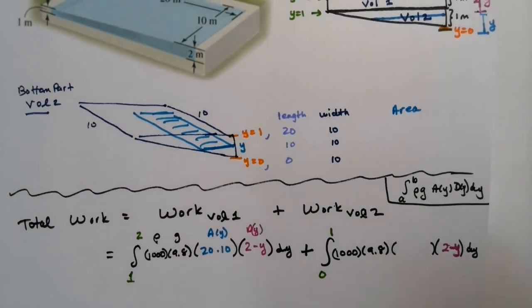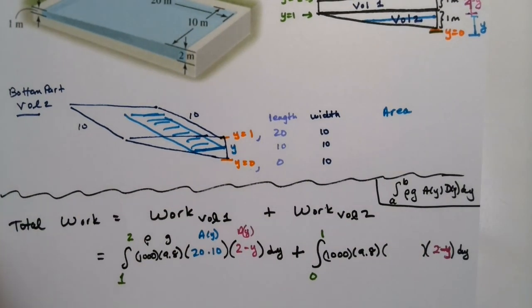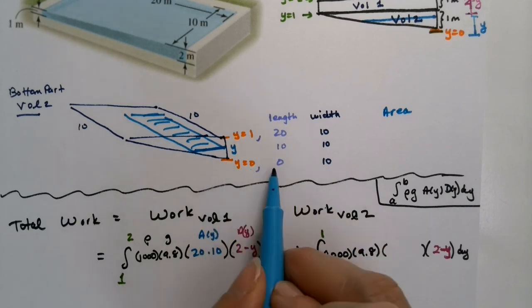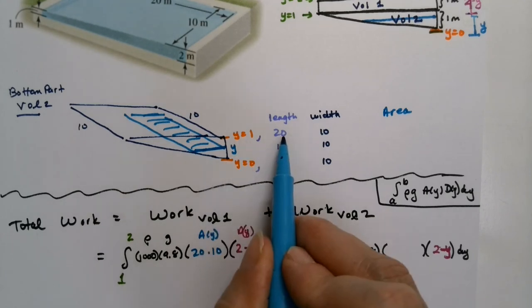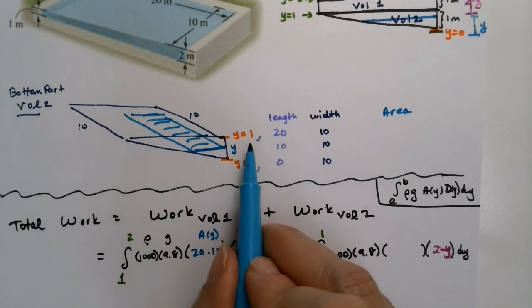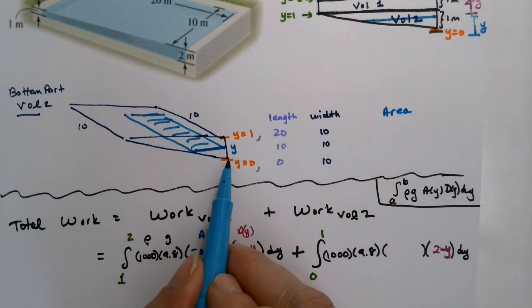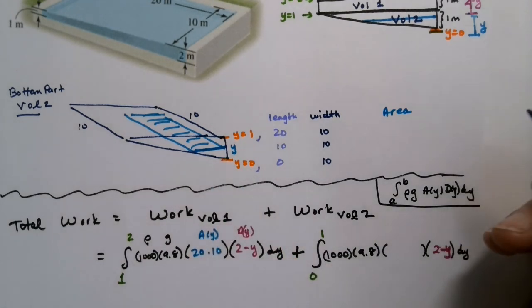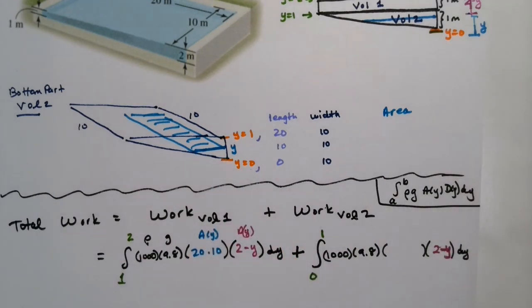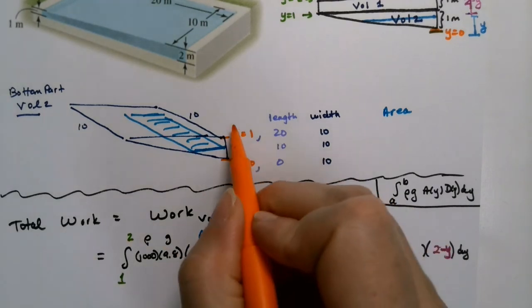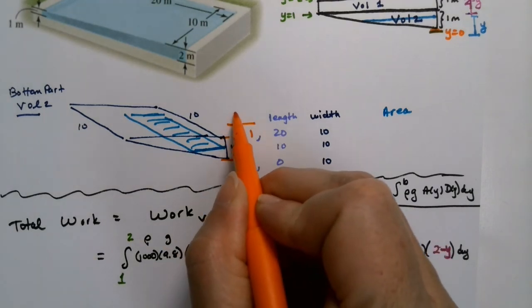Let's put it another way. Look, I know that the bottom goes (0, 0), right? And then I know the top goes (1, 20). And I know it's linear in between, right? I can tell this is a straight line. So if I want to think about length in terms of y, if I want to make a relationship here, let's go this way. So this is the y height.